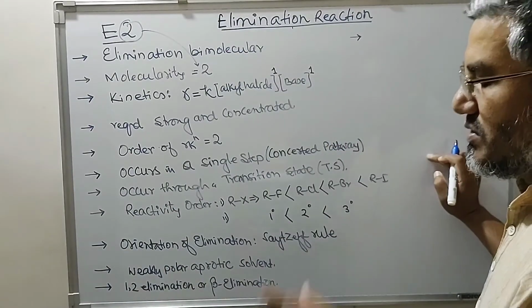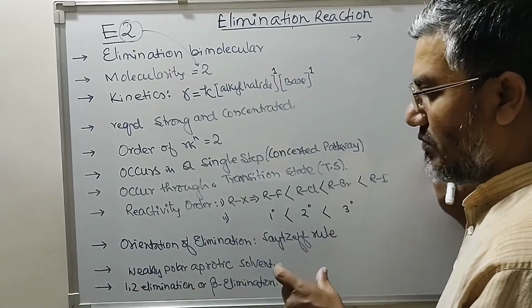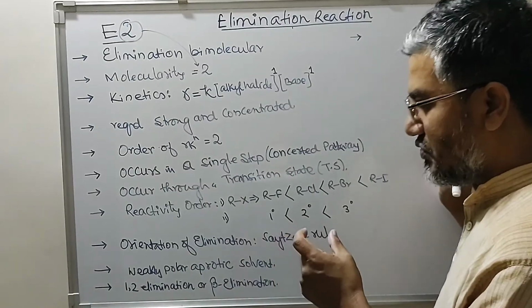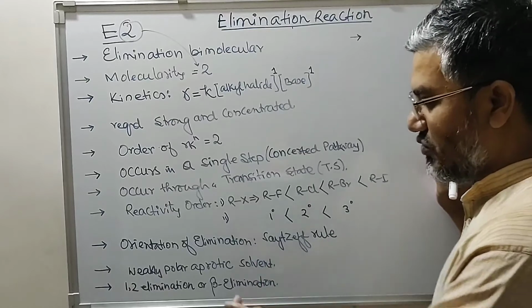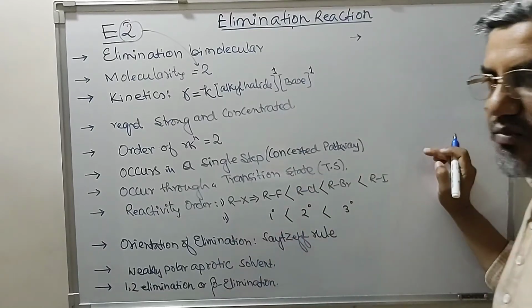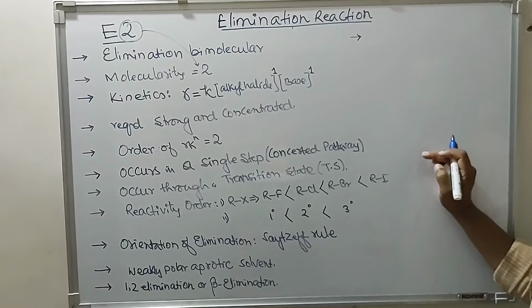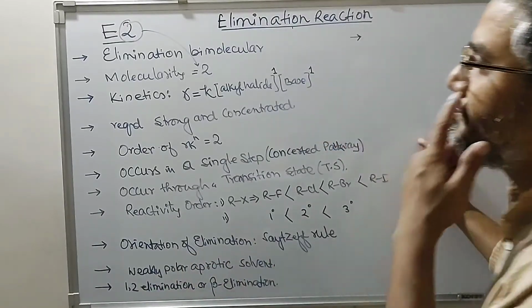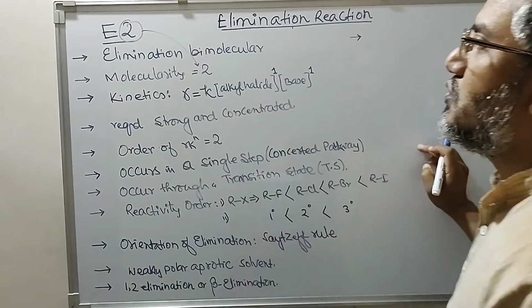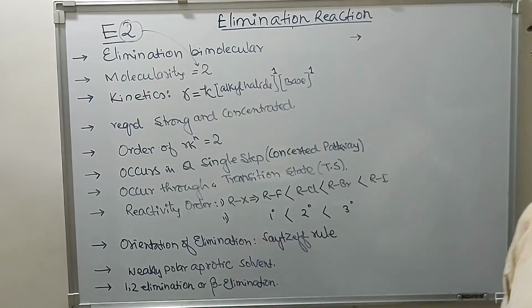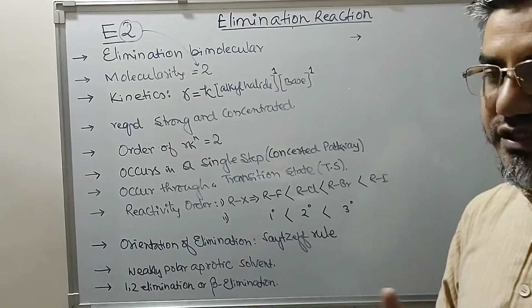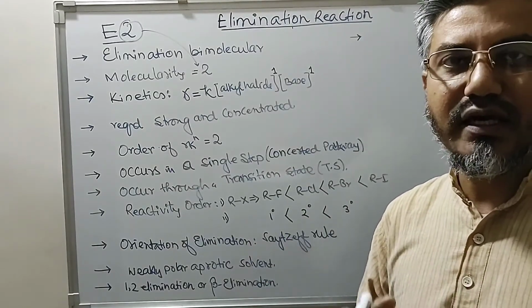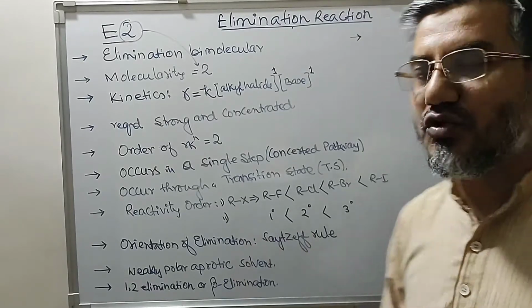Since both leaving groups are eliminated from the 1,2 position or alpha-beta position, in older literature the word alpha is dropped and this is simply known as beta elimination. So this is the meaning of 1,2 elimination or beta elimination. Now in this E2 mechanism, the leaving groups hydrogen and halogen from the 1 and 2 position should be in anti position or staggered position.